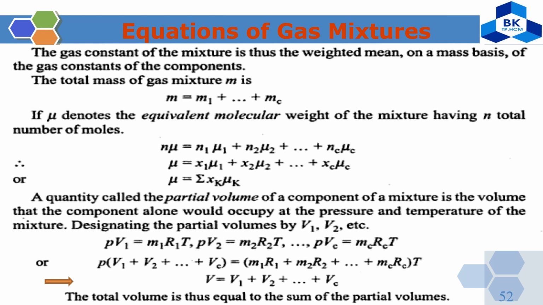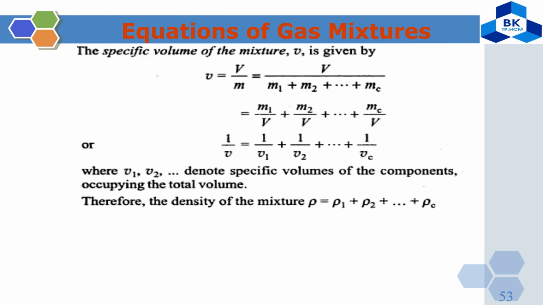And lastly, the volume of the gas mixture is equal to the volume of each gas, which we call the partial volume. So that is about the gas mixture, the gas combined from different kinds of gas. We have the pressure, the volume, the weight, and the number of moles.